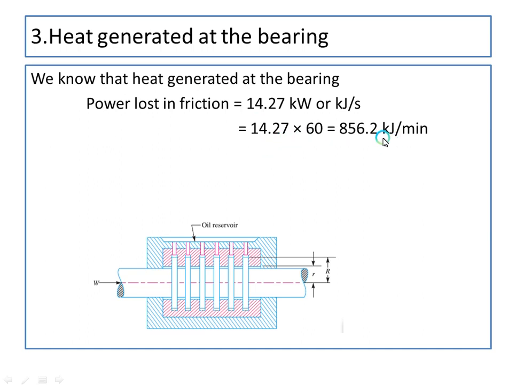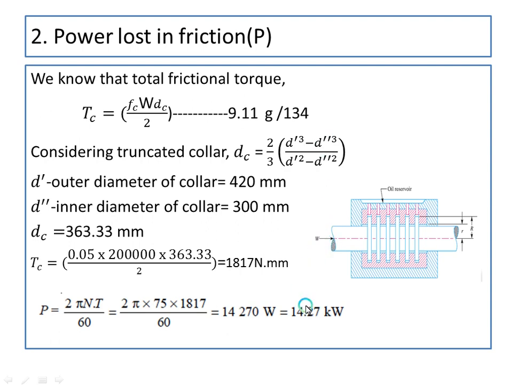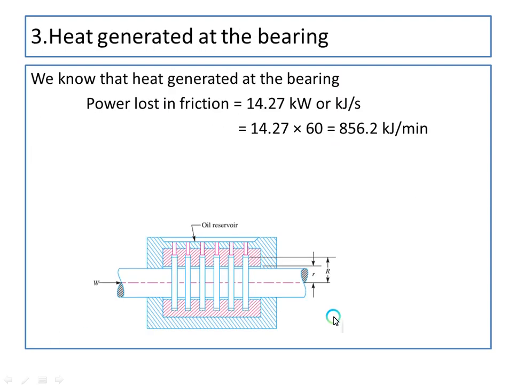As we have been asked to calculate in kilojoule per minute, you need to multiply whatever value you got by 60, so that you will get it in terms of kilojoule per minute. As you can see here, it is in kilowatt, so I need to get it in kilojoule per minute.